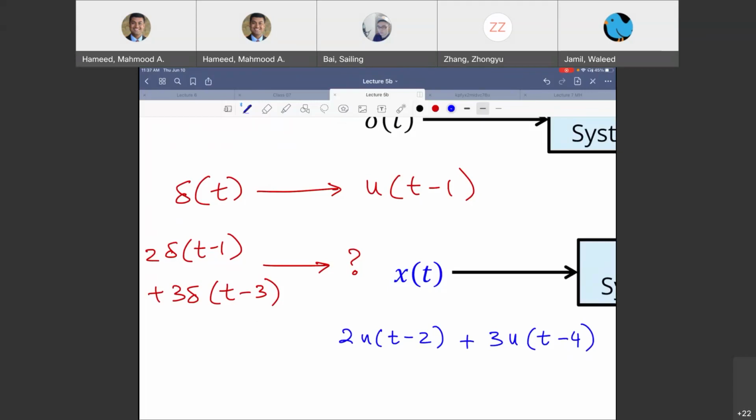Or you can say, I am brave, I know continuous time convolution, I'm going to integrate the hell out of this. You are going to get the answer, maybe the right one, but you would have had some stressful time in the middle. So I want you to take an easier approach, superposition, wherever you can.